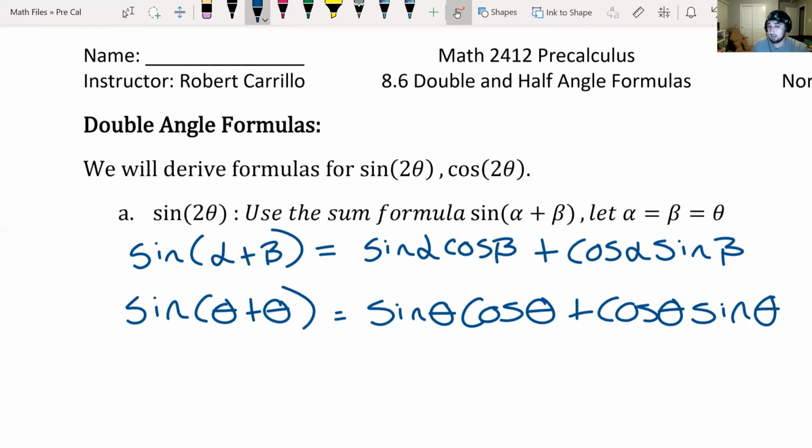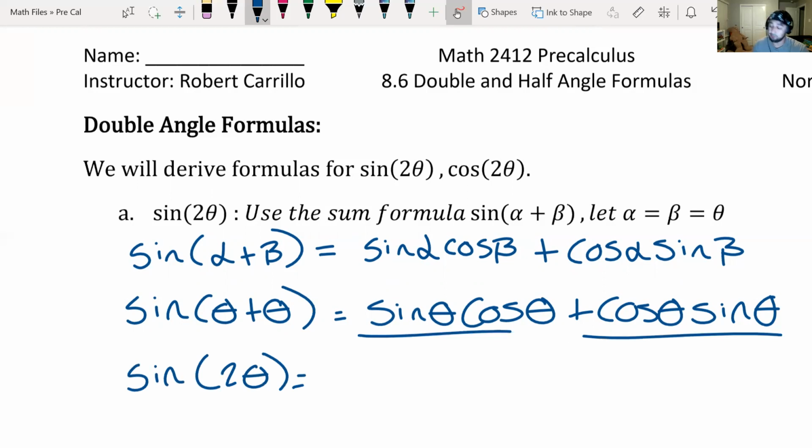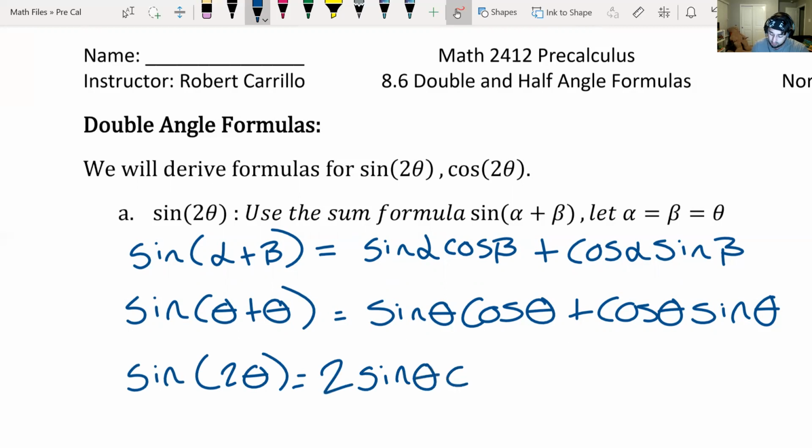Sine of theta plus theta becomes sine of 2 theta. And since these terms are exactly the same, we get our formula for sine 2 theta: sine 2 theta is equal to 2 sine theta cosine theta. There it is.